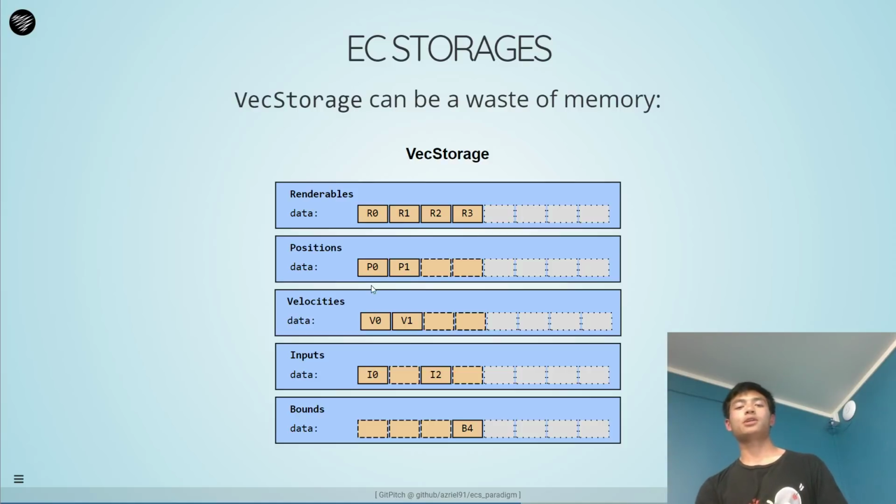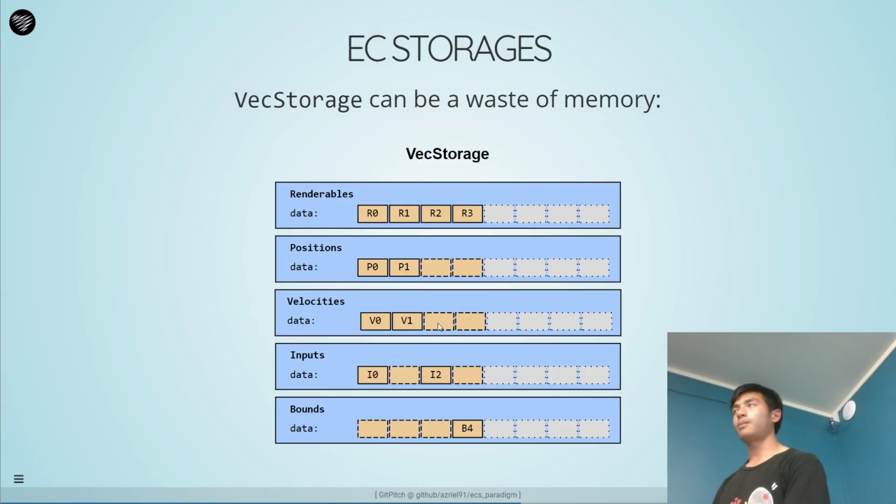But say for positions and so on, there are empty spaces. If you've only got a few entities which have this component, it's going to have a lot of empty spaces. Say if you have 1,000 entities, you're going to have a 1,000 capacity vector for every single component, and that's quite wasteful.